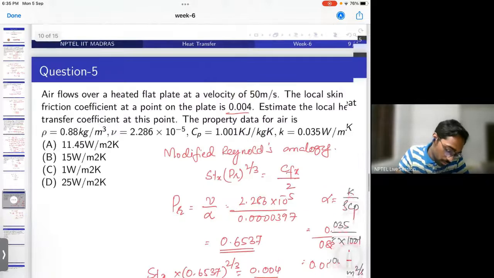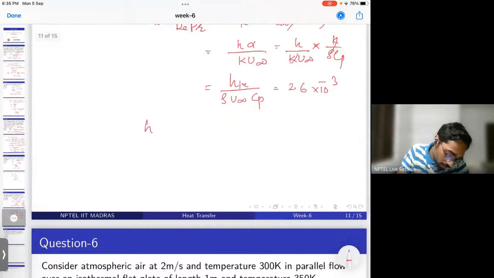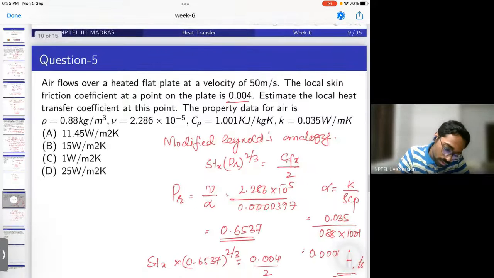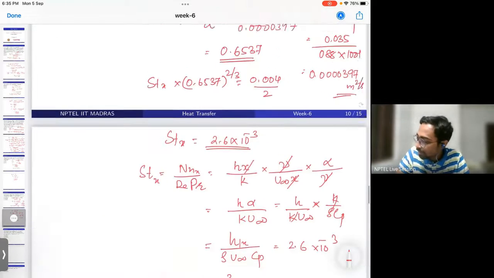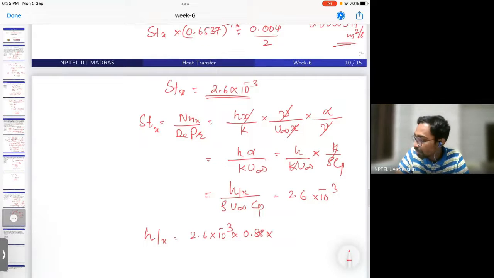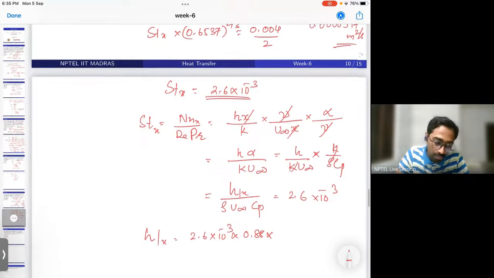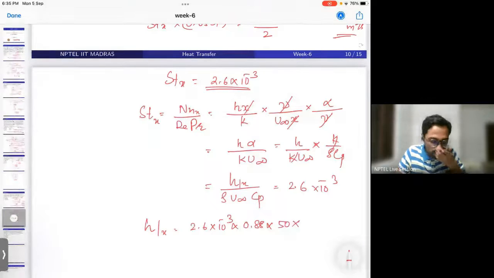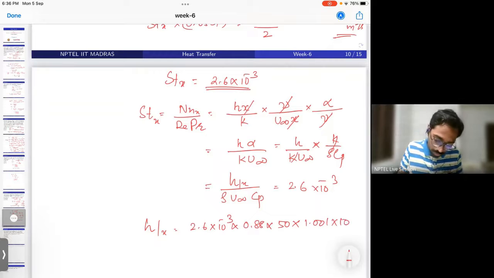So we are asked to find the heat transfer coefficient at the point. So h at x is equal to 2.6 into 10 raised to minus 3, into 0.88, into u, 50 meter per second, into 1.001 into 10 raised to 3.